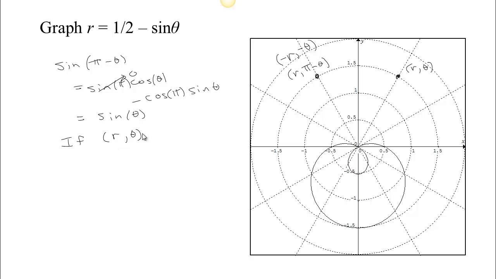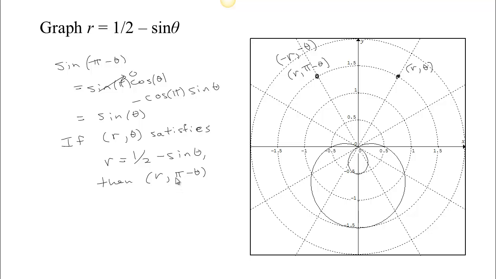So if r theta satisfies the equation r equals 1/2 minus sine theta, then r, pi minus theta also satisfies the equation, because the sine of pi minus theta is the same thing as the sine of theta.